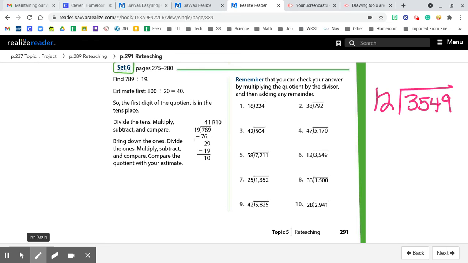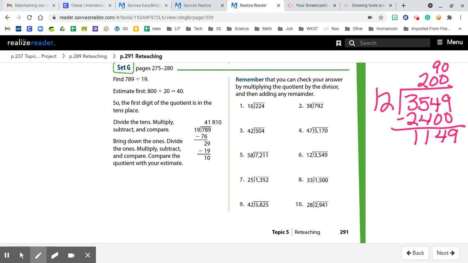So if I did 12 times 200, I would get 2400. And if I do 12 times, I can't do 12 times 10, so I would do 12 times 90.